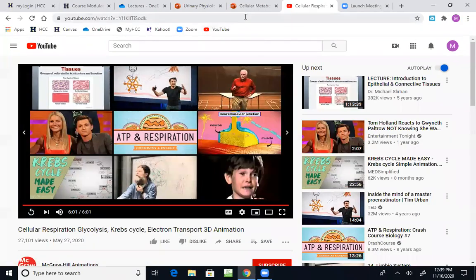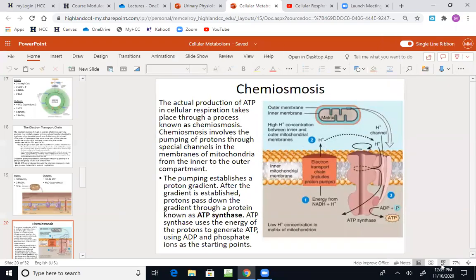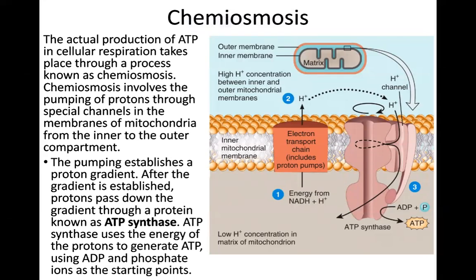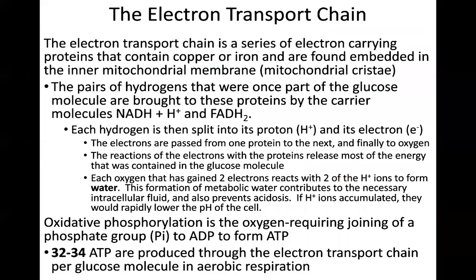Okay, so hopefully the video really emphasized what I was getting at with all of this. Things to make sure you know: really pay attention to where these processes are taking place. Like the electron transport chain, know that it's in the mitochondrial cristae.